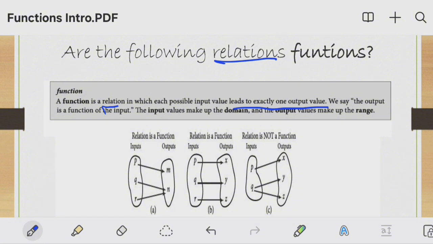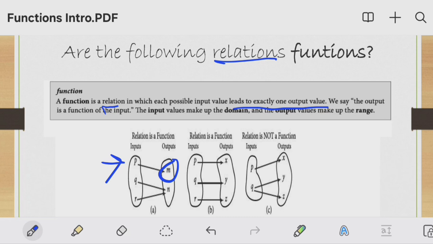So let us consider these relations that we are given here. There is P, it's an input. It gives us what? It gives us one output and only one output, which is M. Q gives us N. R gives us N. So each possible input value was mapped to exactly one output value.